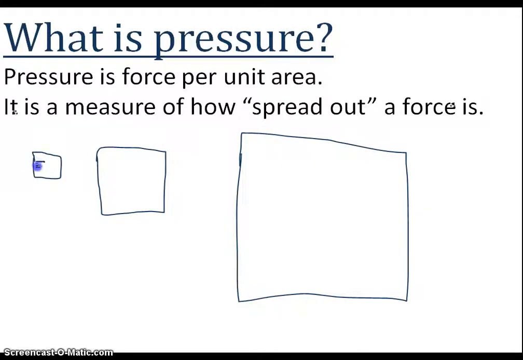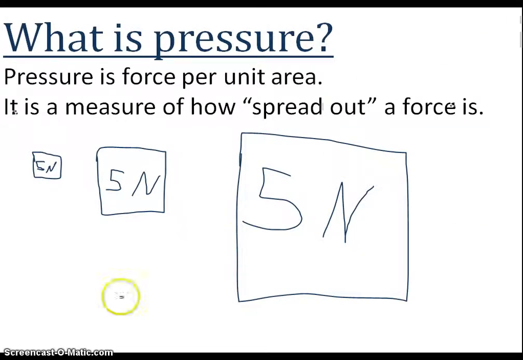And if we look at each of these, maybe we have 5 newtons on each one of these, we have to think of this in terms of pressure, because each of these would have a different effect. There would be a different observation depending on which one of these had the 5 newtons acting on it.